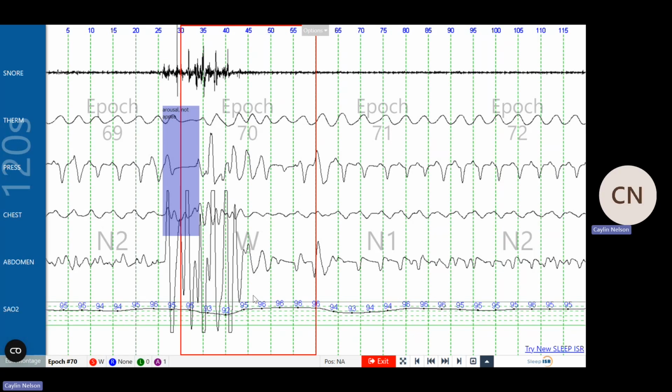arousal in 69 and 70, but here you can see in epoch 70 the patient is actually awake, so we're not going to score any arousals when the patient's awake. So the arousal happened in epoch 69, wherein the patient was asleep. That arousal caused them to wake up in epoch 70, which is why technically there's not an arousal in 70, just in 69.